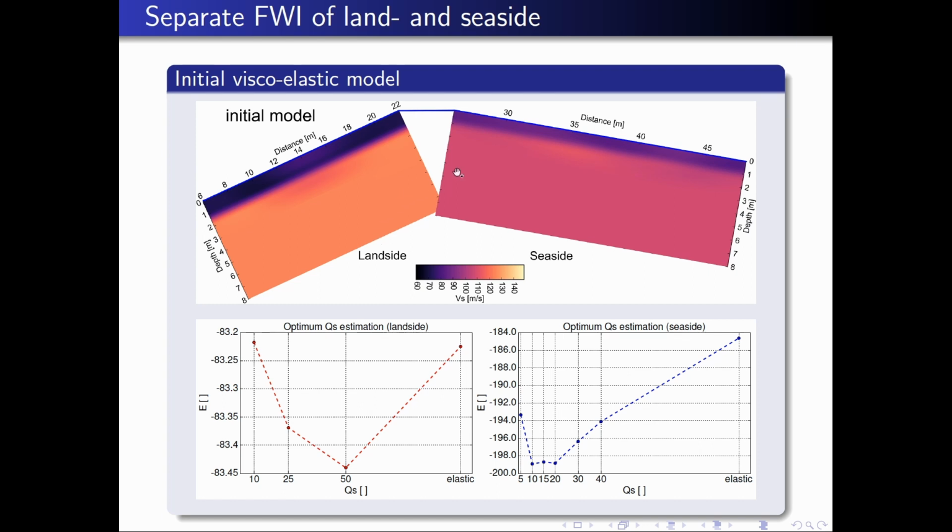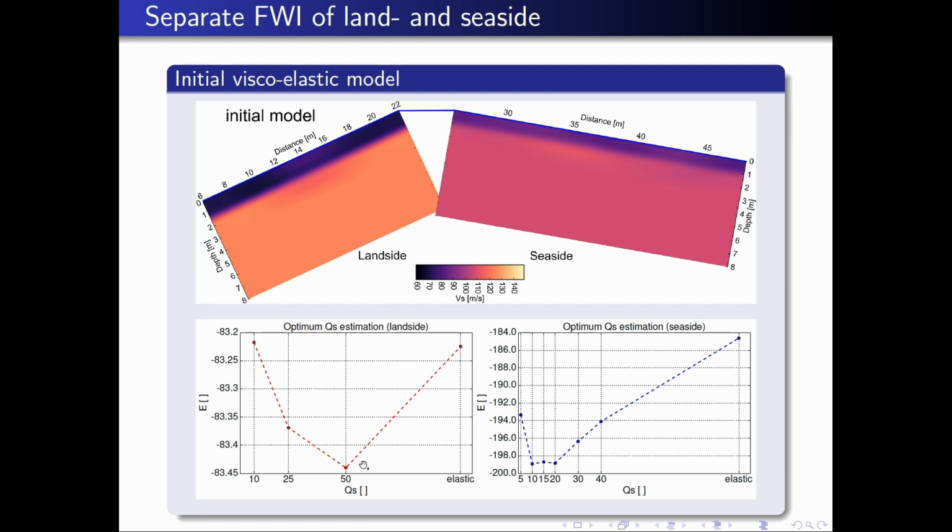The velocities on the seaside are systematically smaller than on the land side by approximately 30 meters per second. To correctly describe the Love wave dispersion, a viscoelastic model is required. We conducted multiple full waveform inversion runs using different homogeneous QS models as passive model parameters, which are not updated during the inversion, and then evaluated the final data misfit.